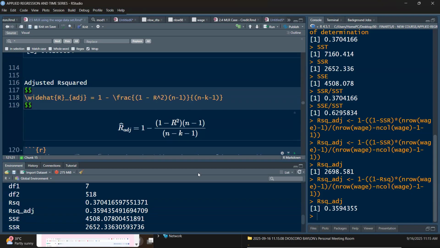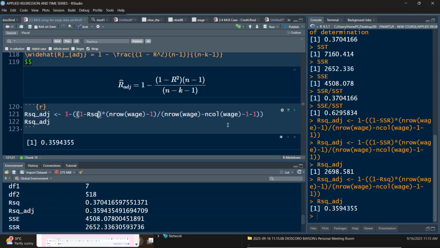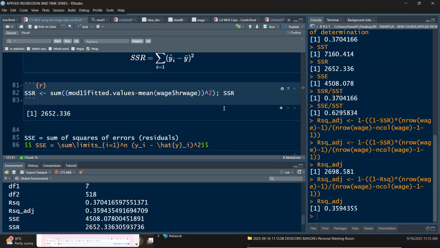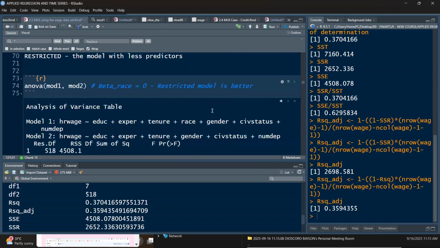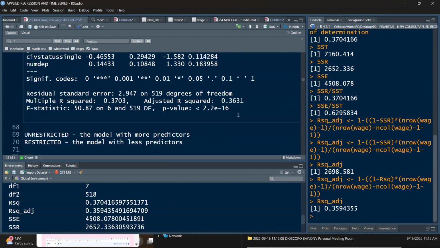All right, so what did you get, class? Did you also get 35.94, or were you closer to 36.31? I'm just not sure, class, why I'm getting 35.94. I usually get a figure very close to this one. How about you? May I have your confirmation, class? What are you getting? What's your adjusted R squared?